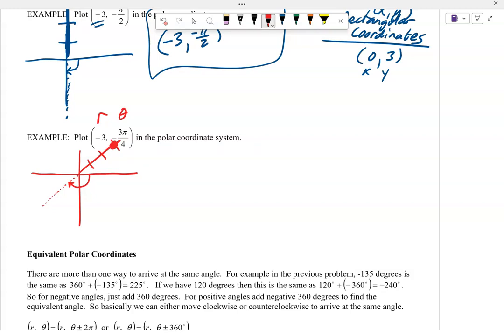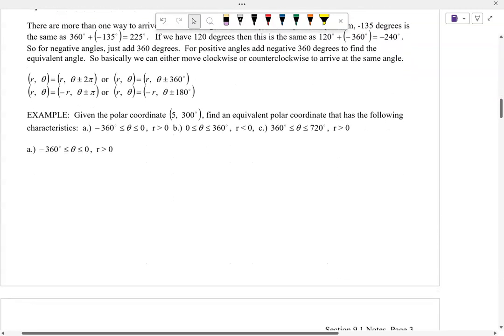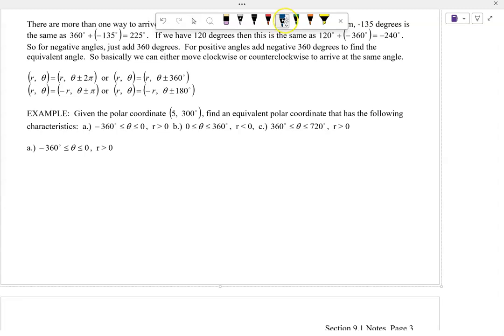All right. In the next part, we're going to figure out where the equivalent polar coordinate is given those conditions. You're given this polar coordinate: 5, here's our r, here's our theta, 300 degrees, right? If I was graphing that, I'd come around 300 degrees and I'd go out 1, 2, 3, 4, 5.